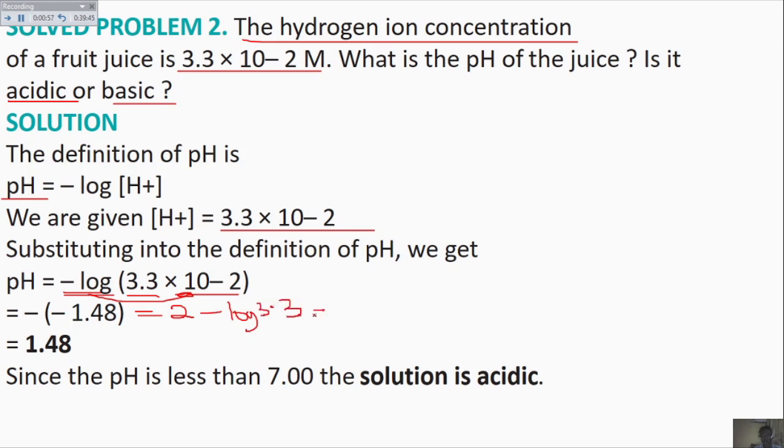And that will give you what? 2. That will give you 2 minus log 3.3. What is log 3.3? Log 3.3 is 0.52.